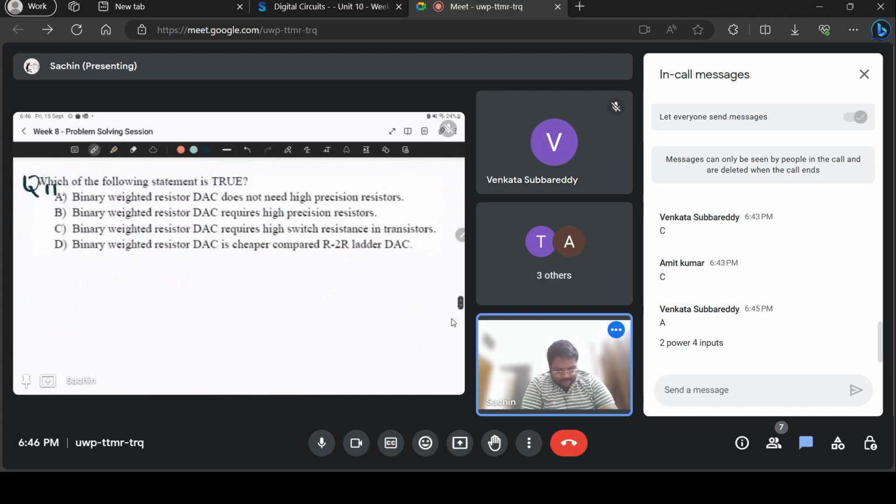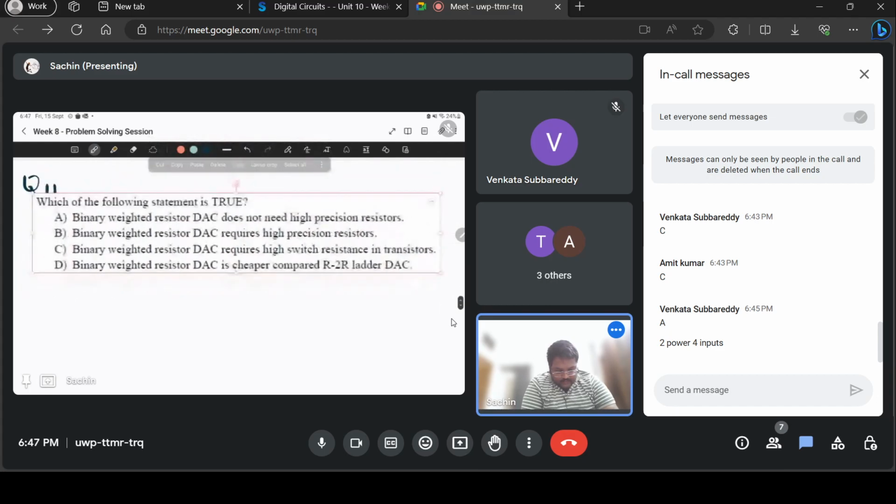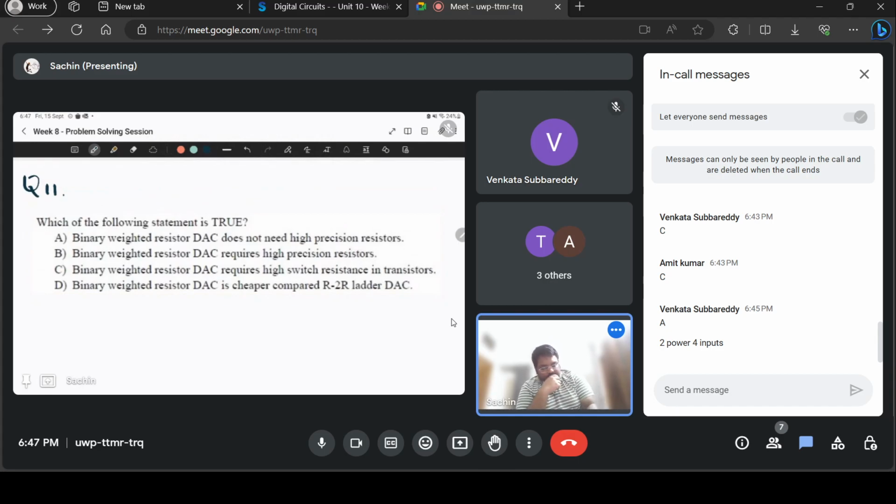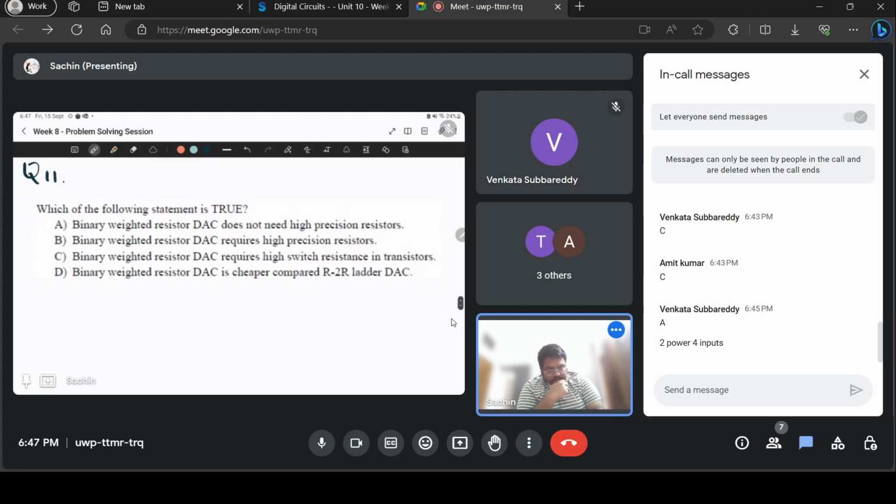Okay. Which of the following statements is true? This should also be done in the lecture.